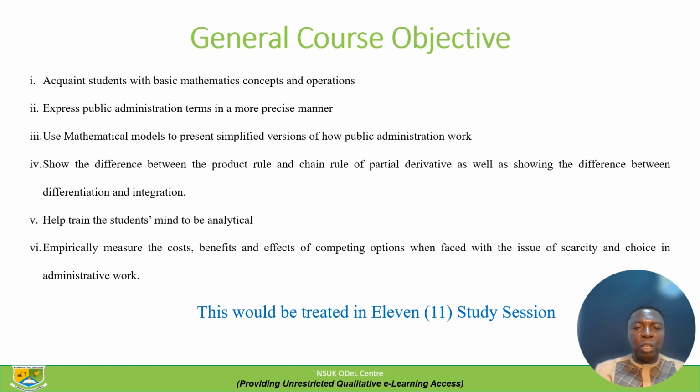Show the difference between the product rule and chain rule of partial derivatives, as well as the difference between differentiation and integration. It will also help train the student's mind to be analytical in public administrative decision making, and to empirically measure the cost, benefit, and effects of competing options when faced with the issues of scarcity and choice in administrative work.